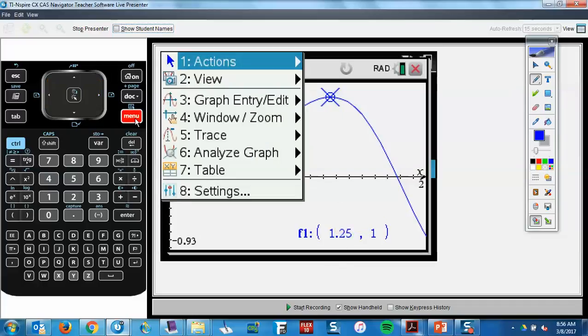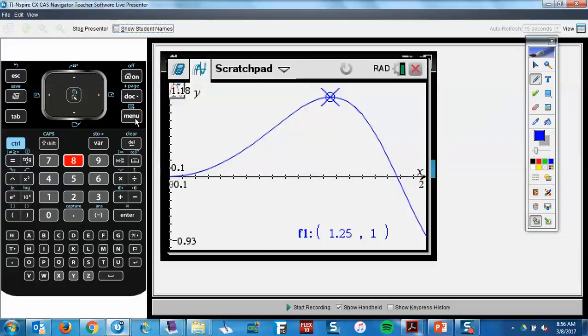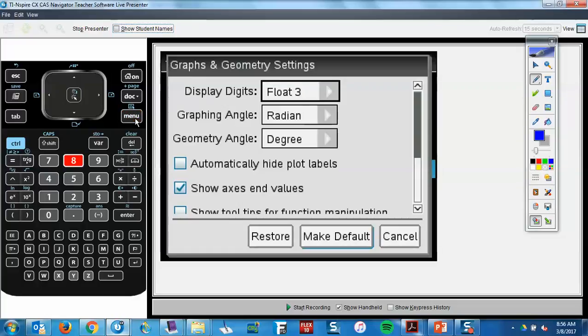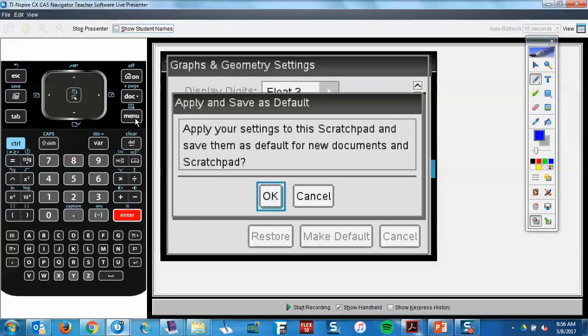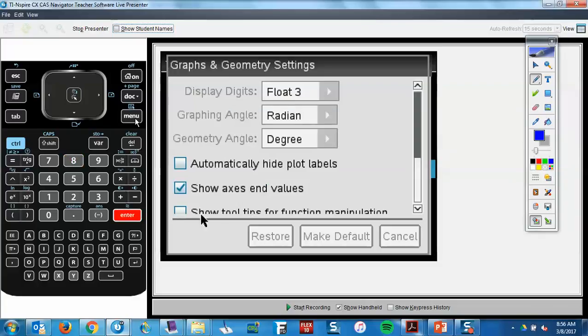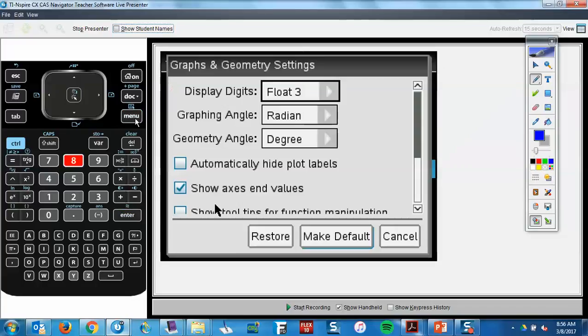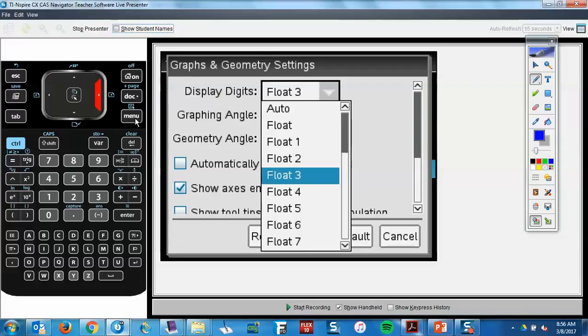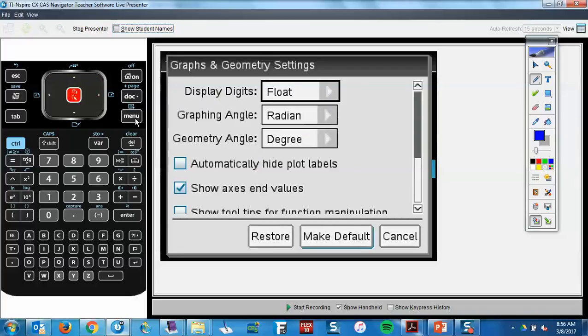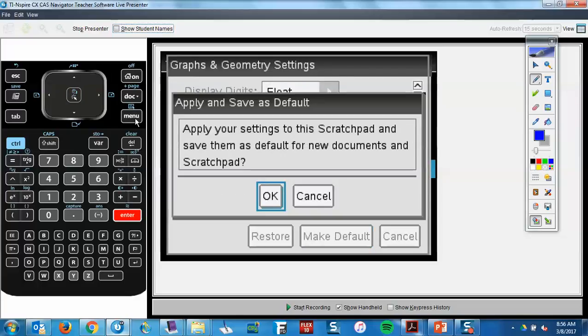Okay, go to your settings here. Go to menu, settings. I think we can take off float 3 and do float. After we updated, it did that, so maybe everybody needs to do that. Go to the right arrow, go to float, hit enter a couple times, hit enter again, make default.